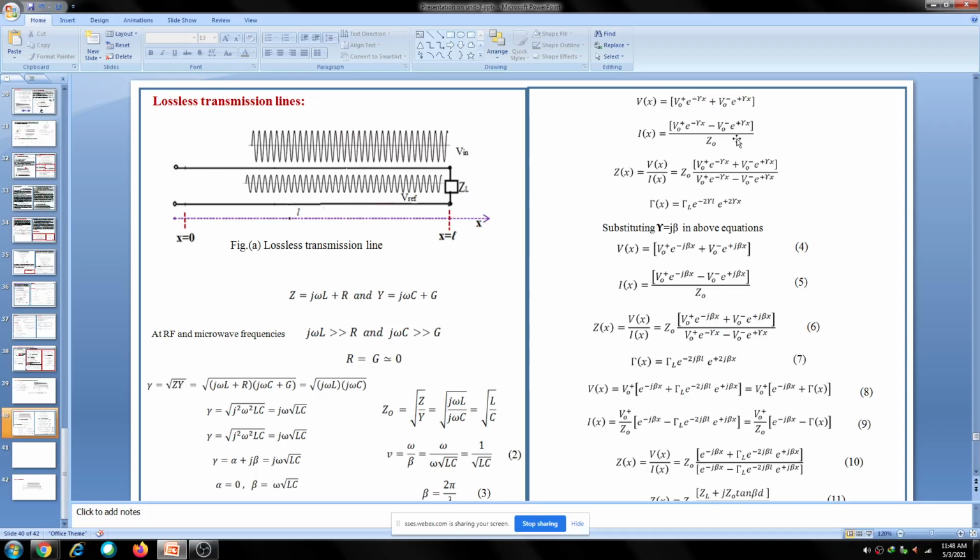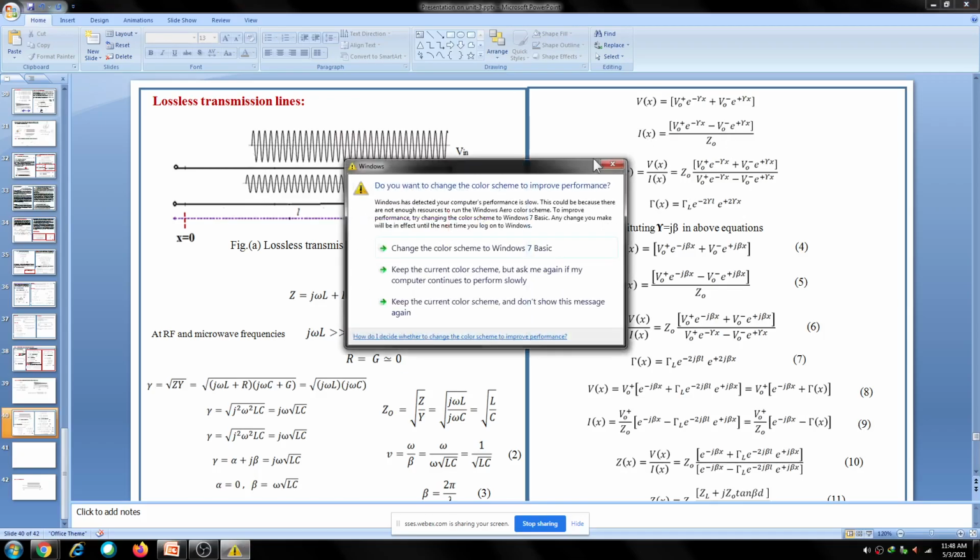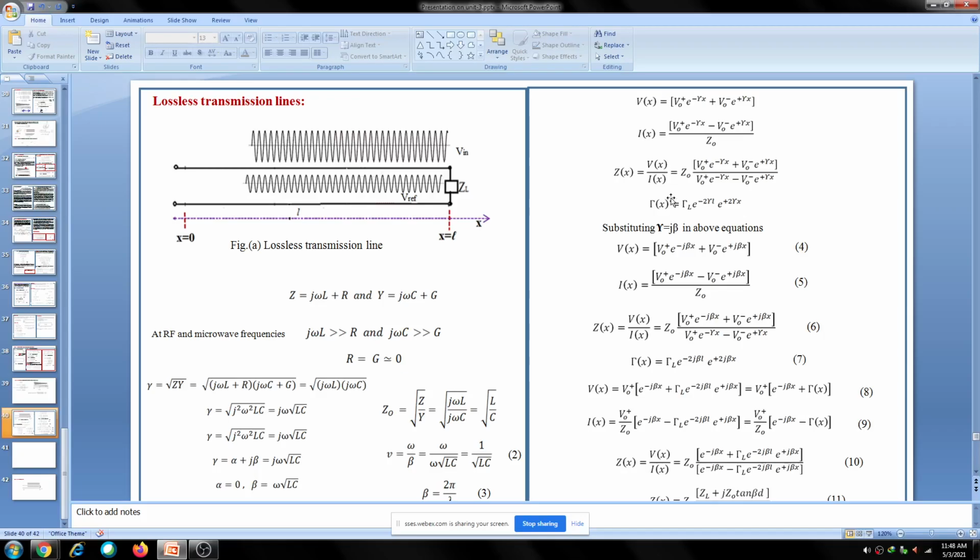these are the general expressions we derived in the earlier classes. The general expressions for voltage, current and impedance on a transmission line are given by this equation. There we used gamma because it is a lossy line.